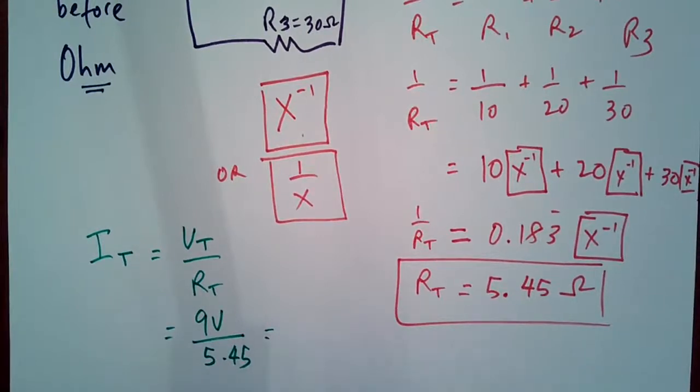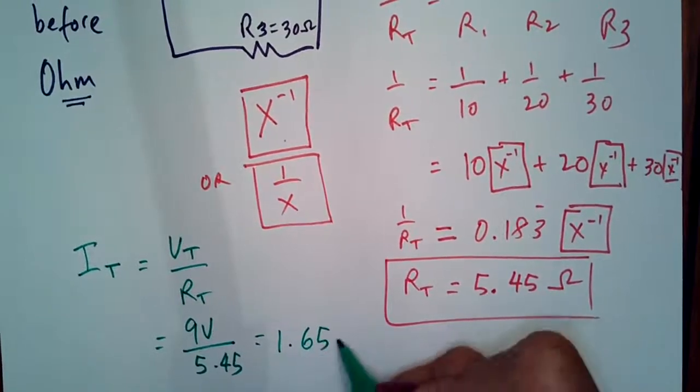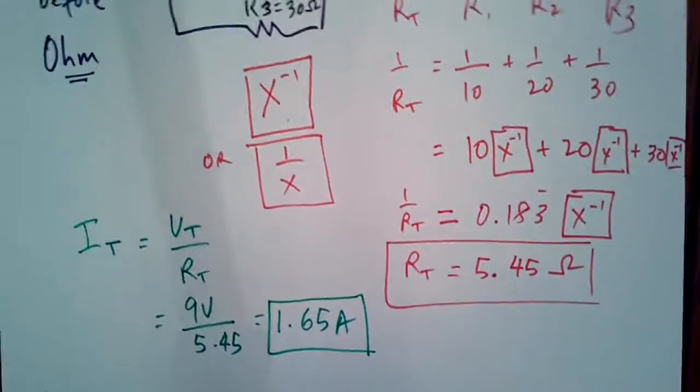This is going to give you 9 divided by 5.45 is equal to 1.65 amps of total current running through the entire system.